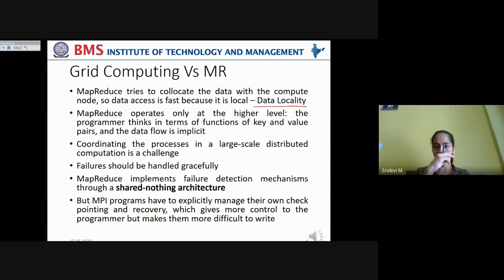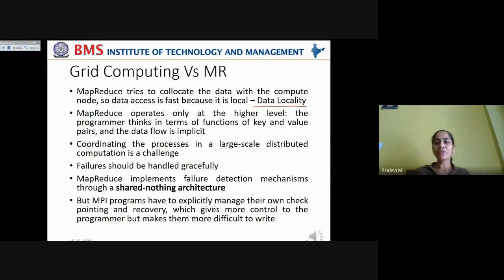Data locality is supported by MapReduce by collocating the data with the compute node. So wherever the data has to be processed, the function will be transferred to that particular node, and the data will be processed, the result brought back, and all the results from such independent processing done on input splits of data consolidated.